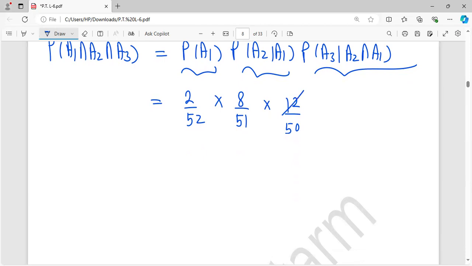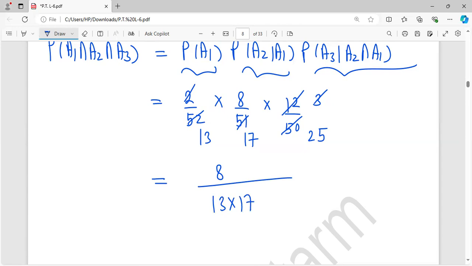Okay. Solve this. What will we get? So this you cut by 4, this is 13. Now this cut by 25, and this will be cut 17 times. So we have 8 upon 13 multiplied by 17 multiplied by 25. So what will be in the denominator?